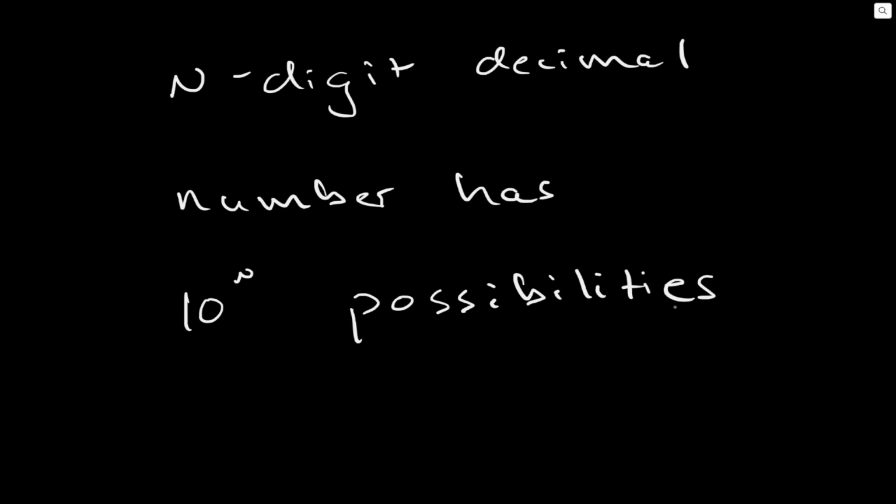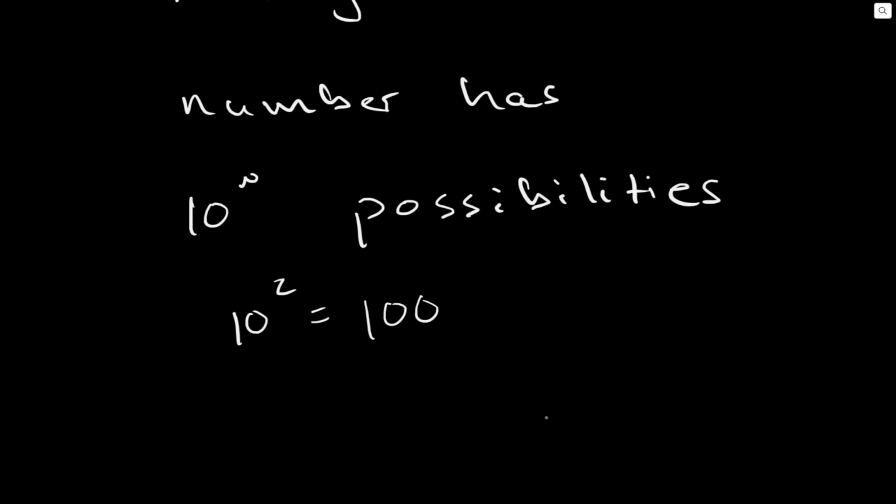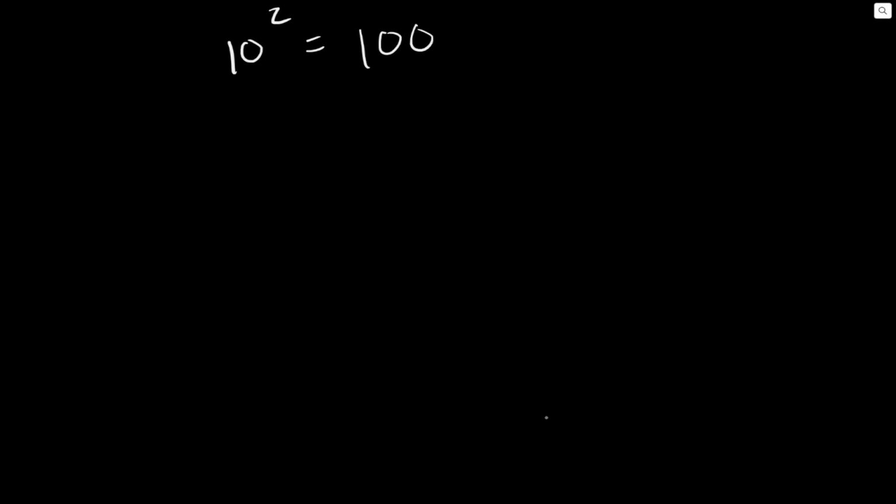This means a 2-digit number in base 10 has 10 squared possibilities, which equals 100. That's 100 possibilities. But what's the actual range? Because it doesn't go to 100, because remember, we always start at 0.